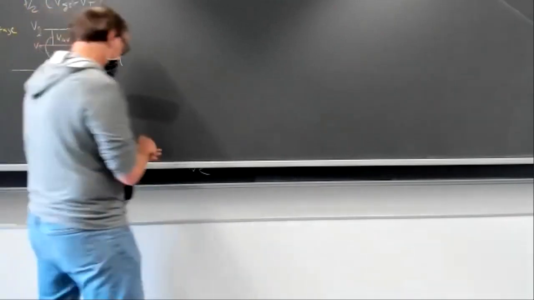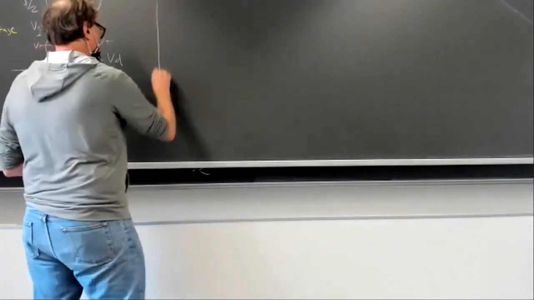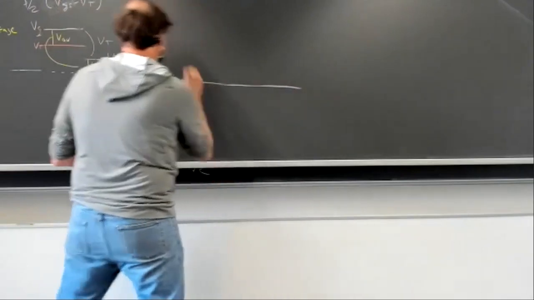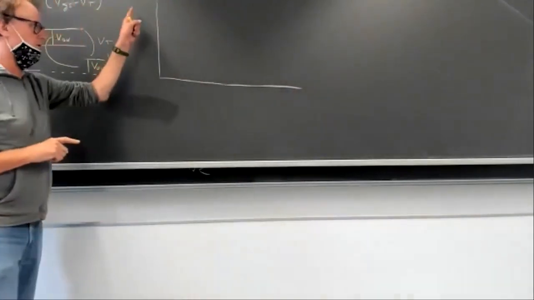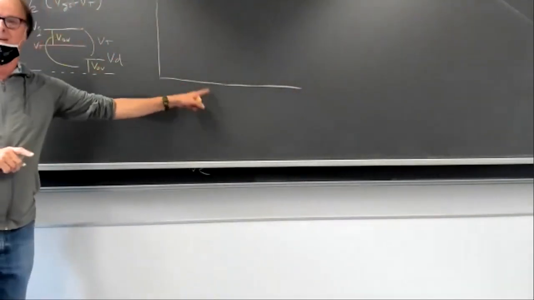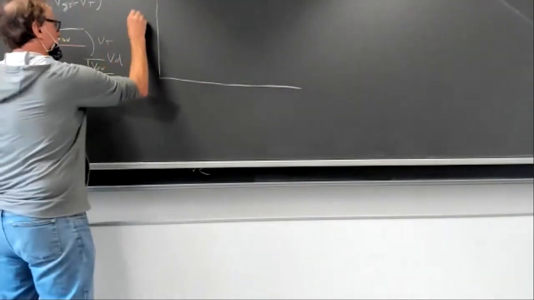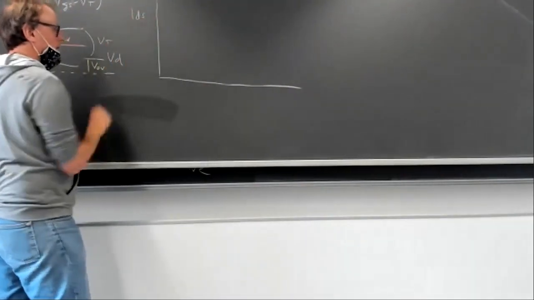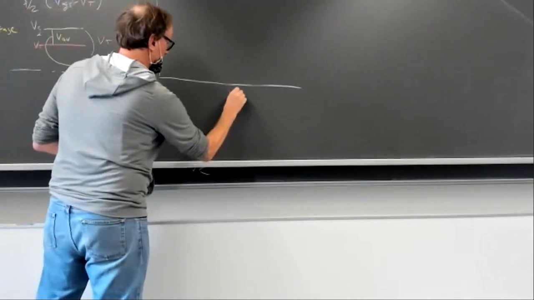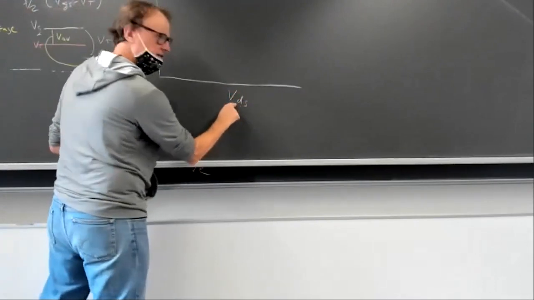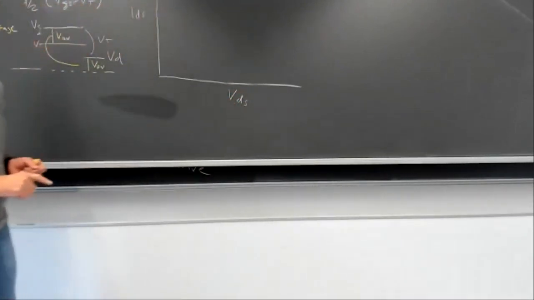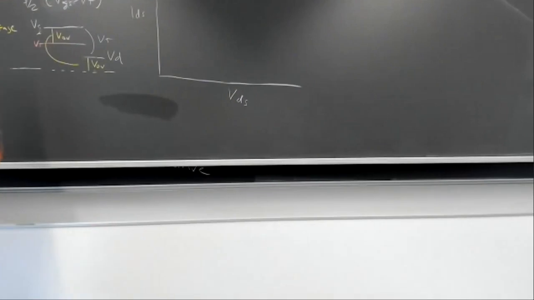And so I need to draw a curve. Before I draw the drain current versus gate voltage, I'm going to draw the drain current on a linear scale versus the drain source voltage. It's a different curve, right? This is the drain saturation curve. It's how much the drain current changes with drain source voltage.